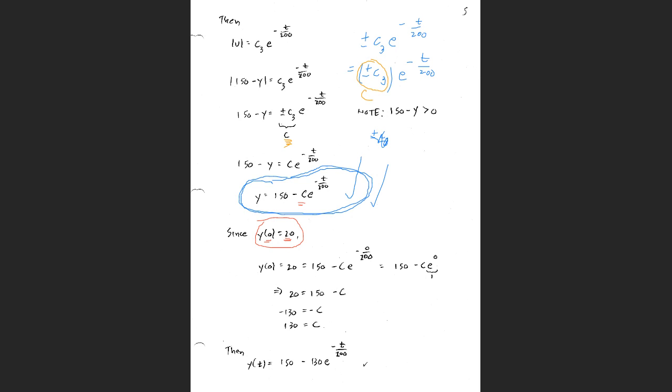So y of 0 equals 20. I substitute in 0 for the t. And I'm able to find that the constant equals 130. And therefore, my y of t is 150 minus 130 times e to the negative t over 200.